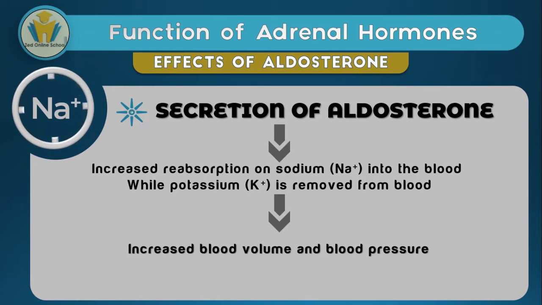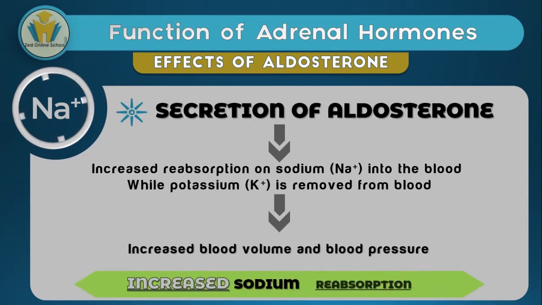Therefore, the volume of blood gets affected also. Blood pressure is also affected with this secretion of aldosterone. Generally, we can say that the secretion of aldosterone brings about increased sodium reabsorption or simply the regulation of blood volume.